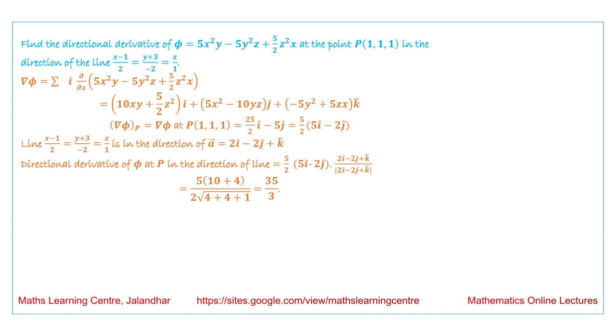Next, find the directional derivative of this function at the point P(1, 1, 1) in the direction of this line. The direction of this line means the direction ratios are 2, minus 2 and 1.